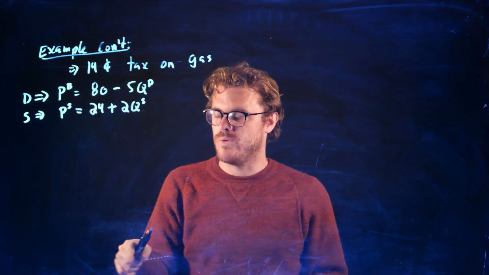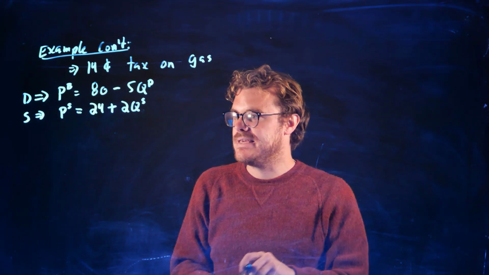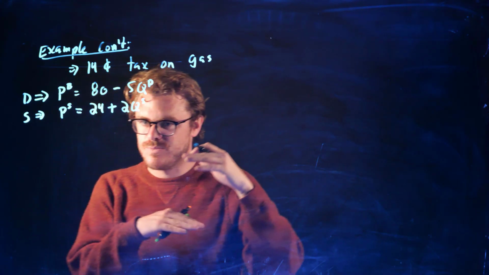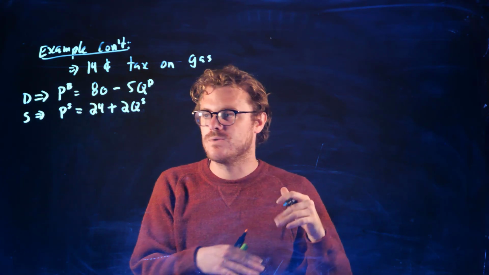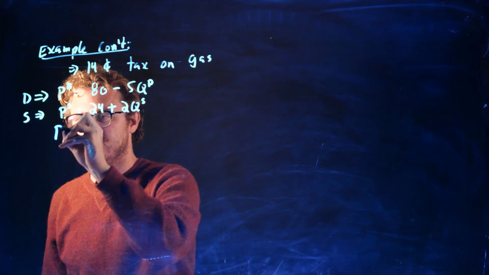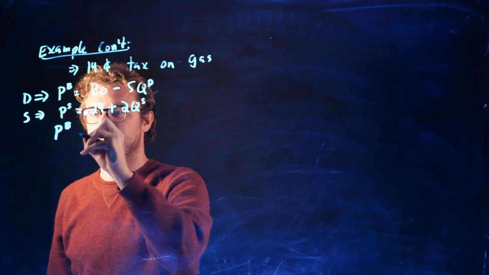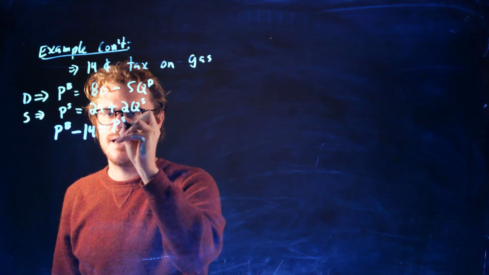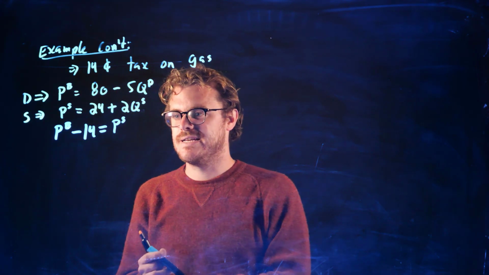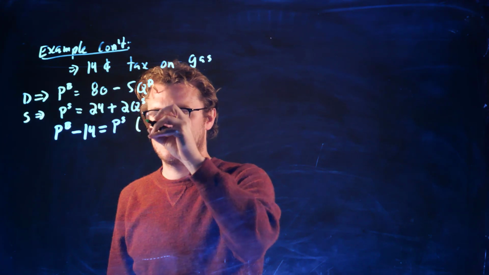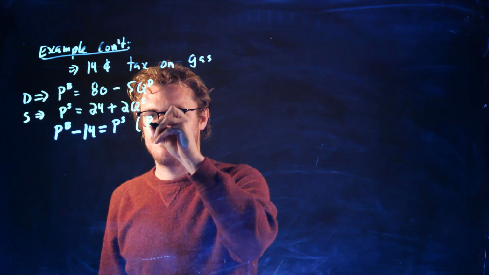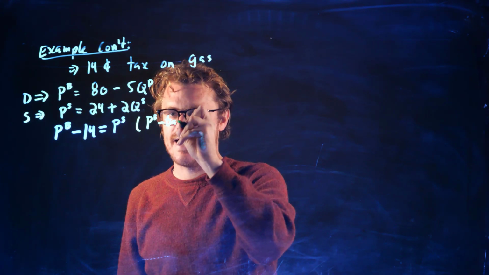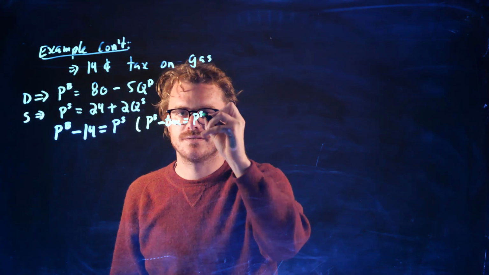So we need one more equation. And the key here is realizing that the difference between the two prices is equal to the tax. So PB minus 14 equals PS. So this is using this idea that PB minus the tax equals PS.